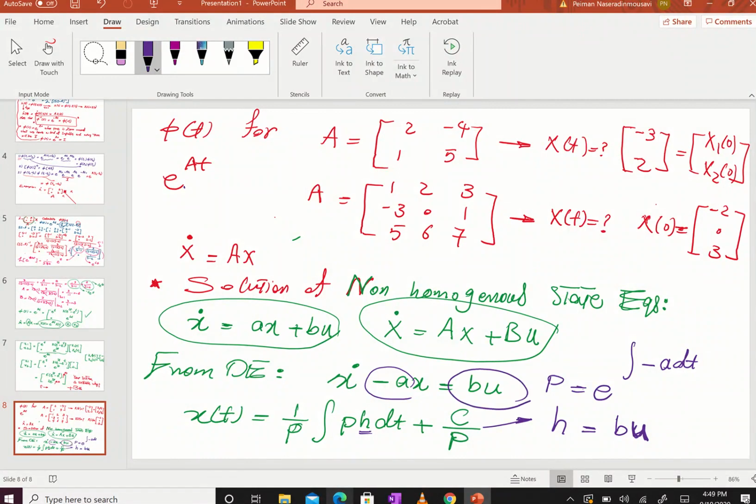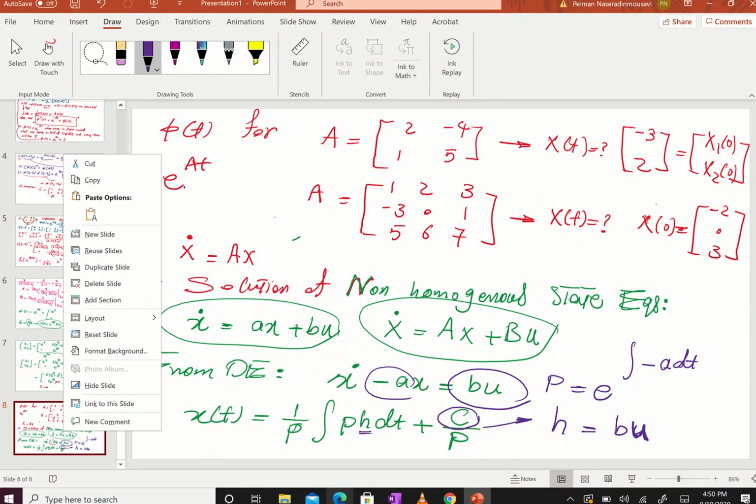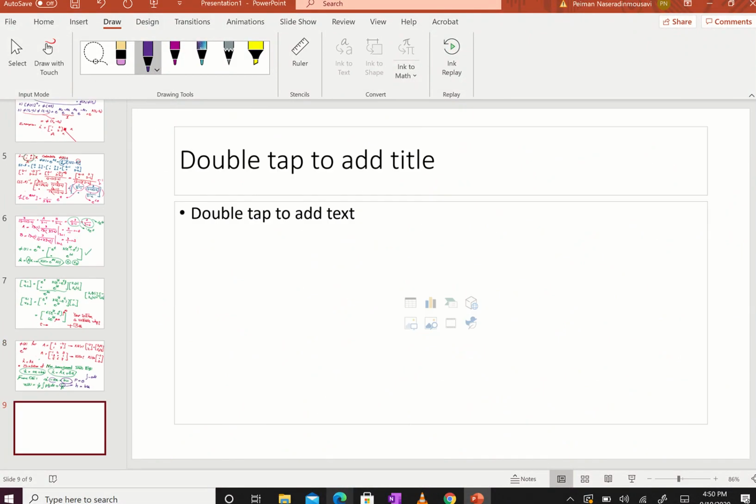And c is a constant that you're going to determine using the initial conditions.